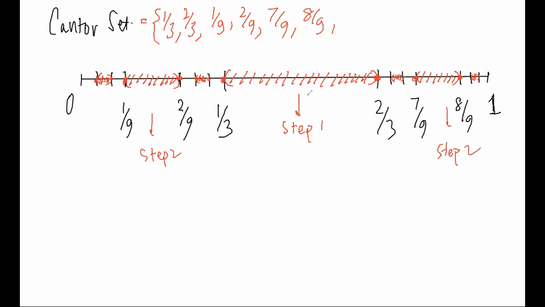Okay. So now over here, this is 1/9, right? So 1/9 divided by 3, there will be 1/27. This will be 2/27. Okay. So then for this value, this will be times 3. So this will be 7/27, 8/27. Okay.